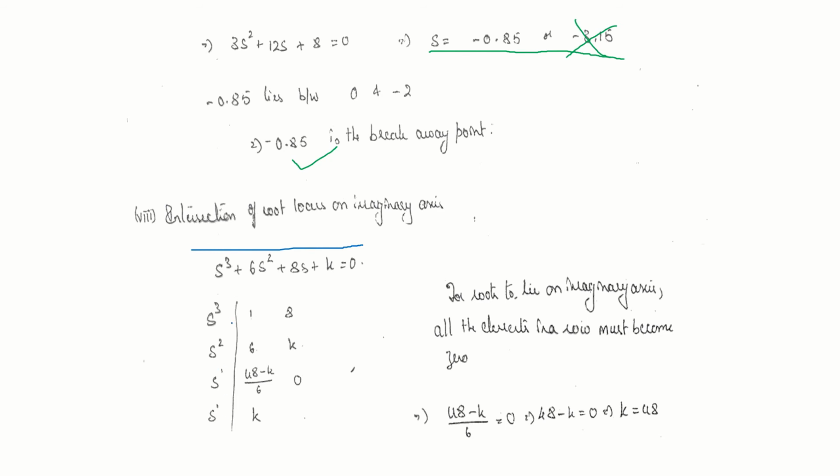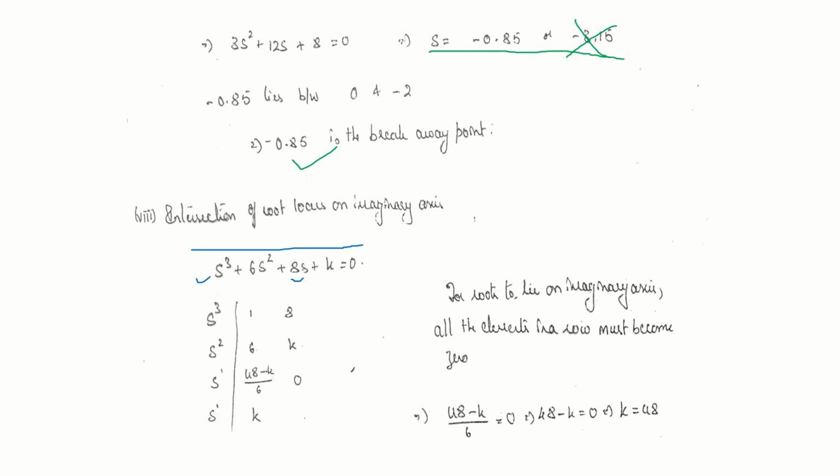Form the Routh array. As I said, it should be 1 and 8, 6 and k, 48 minus k must be equal to 0. I have told you earlier, when all the elements in a particular row are 0, then you will get roots lying on the imaginary axis.